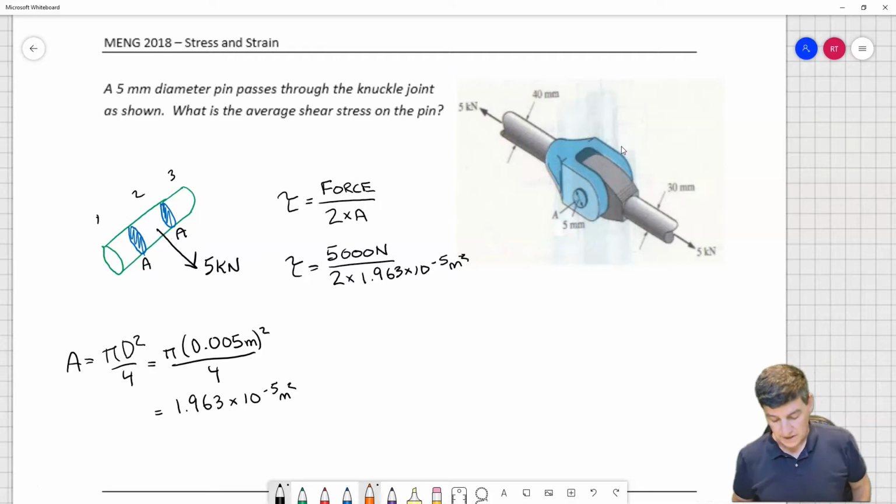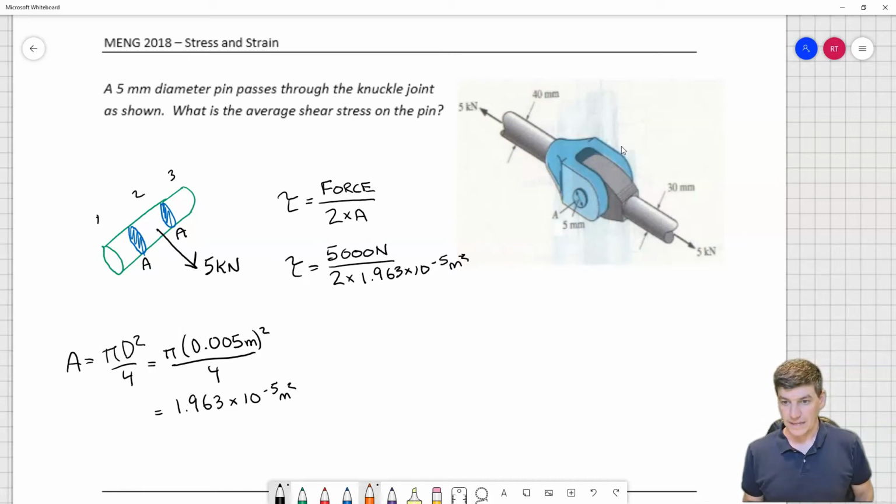Be careful with your calculator. If you write it out, 5,000 divided by 2 times 1.963, etc., be very careful, because the 1.963 that's on the bottom needs to be everything divided by it. So be careful with your equation like that when punching it into your calculator.